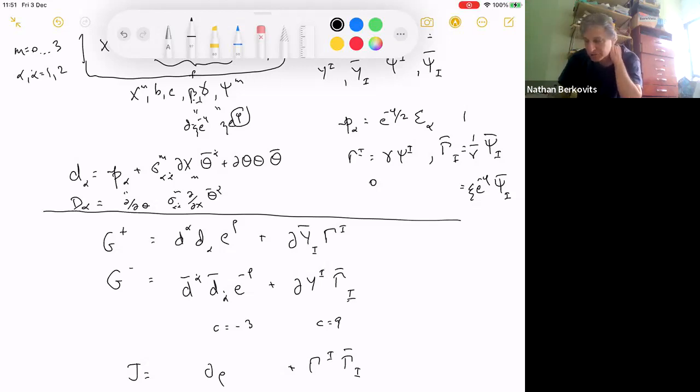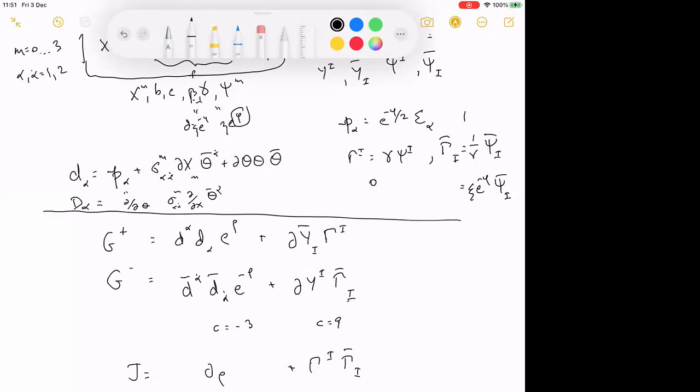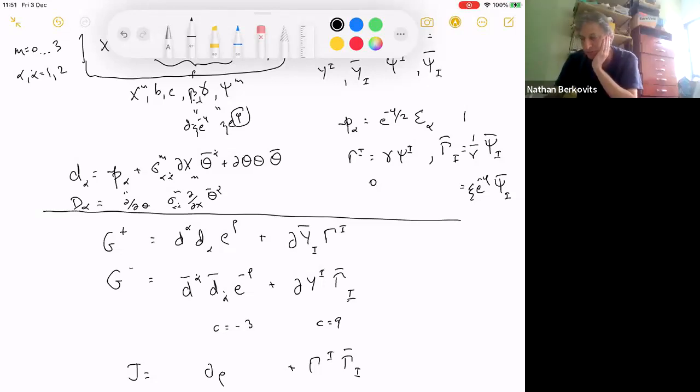So small d alpha is the worldsheet version of the fermionic capital D alpha. So these objects are manifestly space-time supersymmetric, because just like capital D alpha commutes with the space-time supersymmetry generators, G plus is clearly space-time supersymmetric. The reason why you need to multiply by these gammas and 1 over gammas is so that the capital gammas are also space-time supersymmetric.